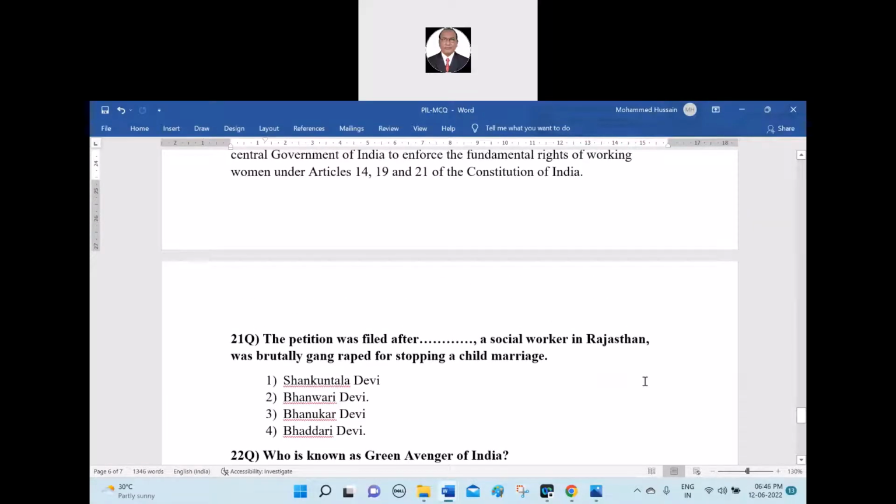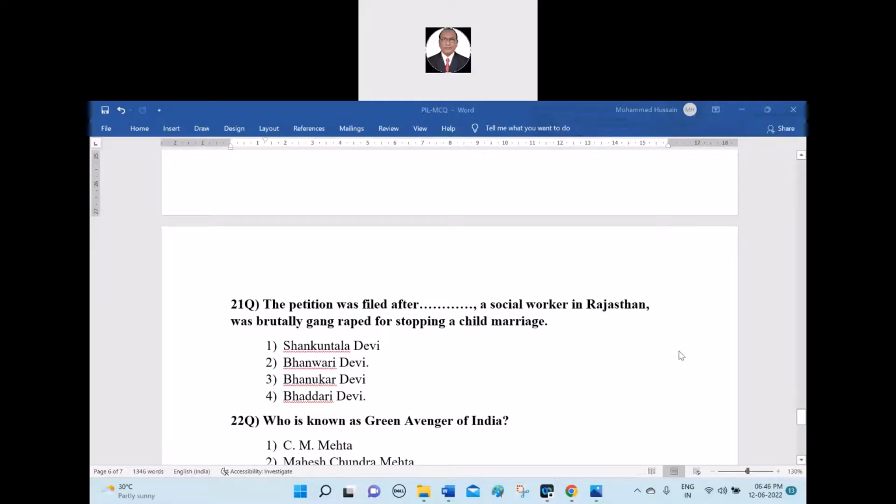The case law mentioned could be the psychopathic substance case law, the brutally gang raped case law, the euthanasia case law, or the domestic violence case law. So you can choose the right answer. Brutally gang raped is the point, and that is a very important factor.